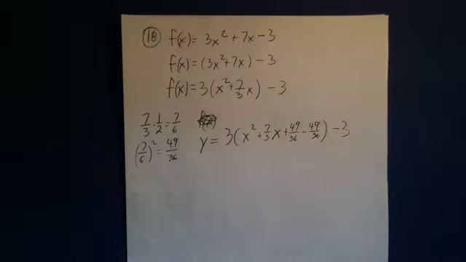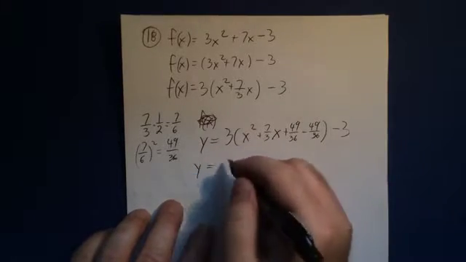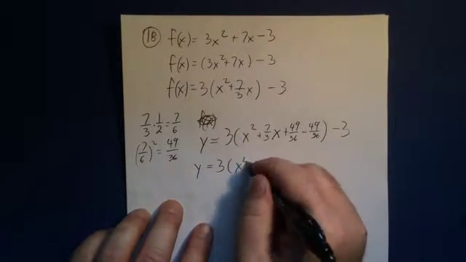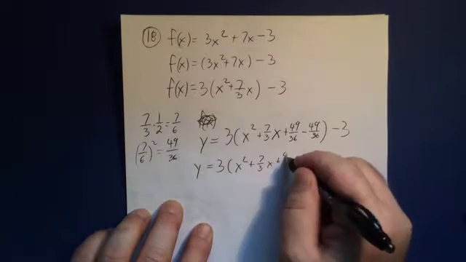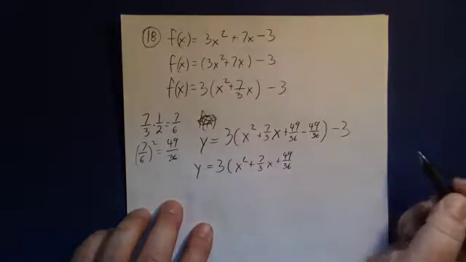Now, before we hit the panic button, I'm going to introduce an intermediate step here because of the complications of the fractions. So one thing we can do, we can still write this out. So we have x squared plus 7/3 x plus 49 over 36.